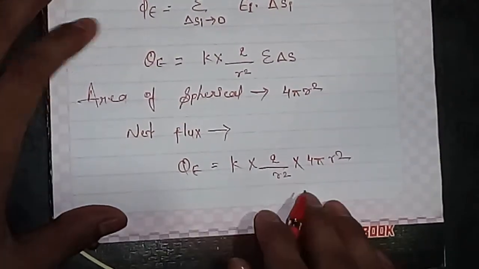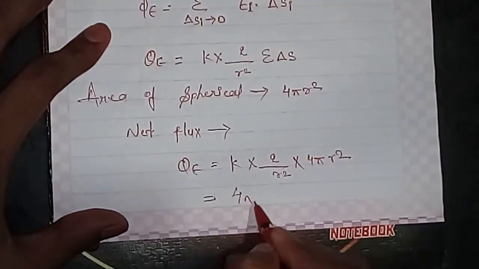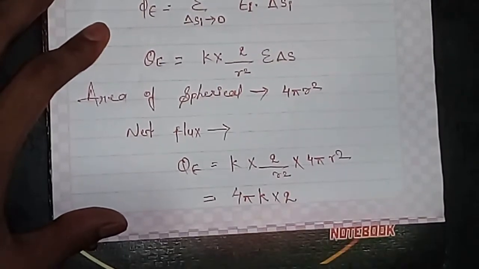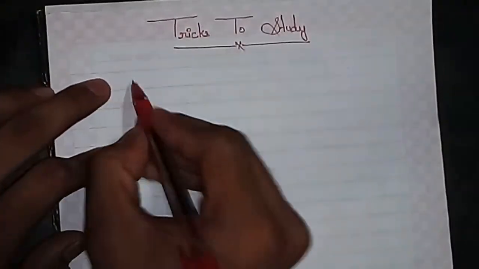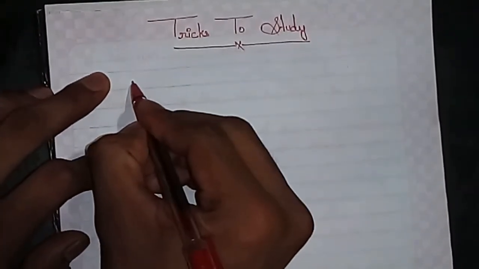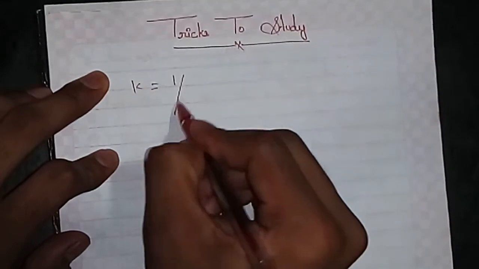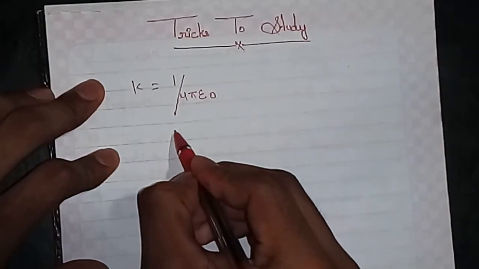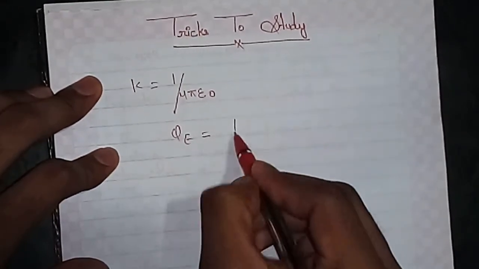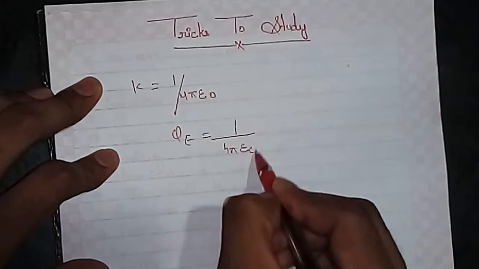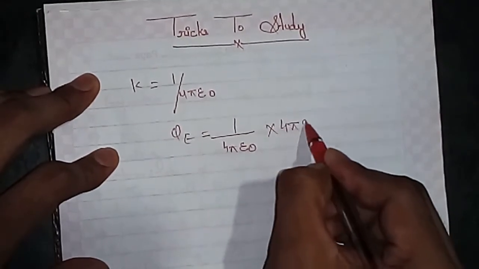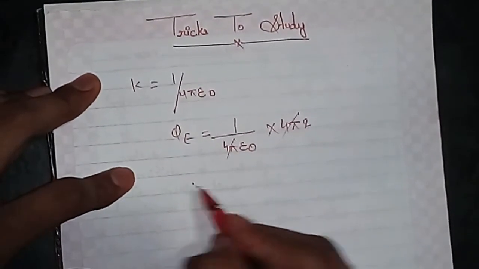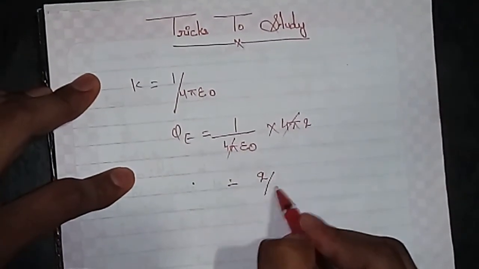After solving, we get 4 pi kQ. After that we put k equal to 1 by 4 pi epsilon naught, a constant, and we get phi E equal to 1 by 4 pi epsilon naught times 4 pi Q. After cancelling 4 pi, only Q by epsilon naught is left.